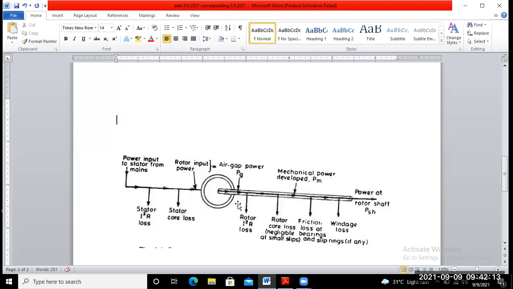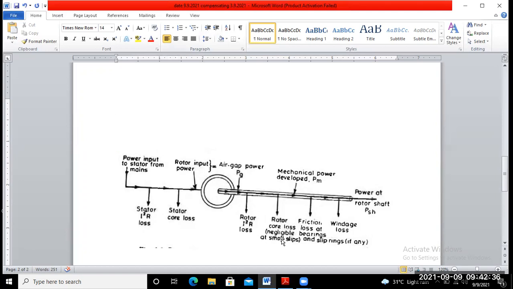Whatever the air gap power, you may lose some power as the rotor I square R loss and rotor core loss, which is negligible here because the rotor frequency is very small and rotor core loss is proportional to the square of the frequency.